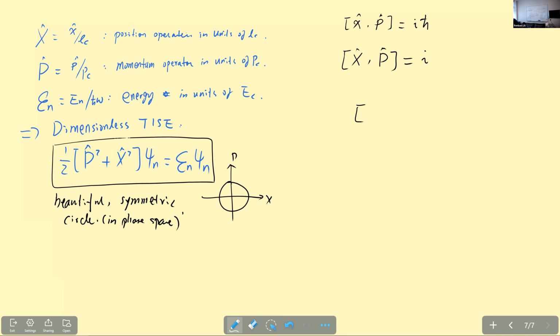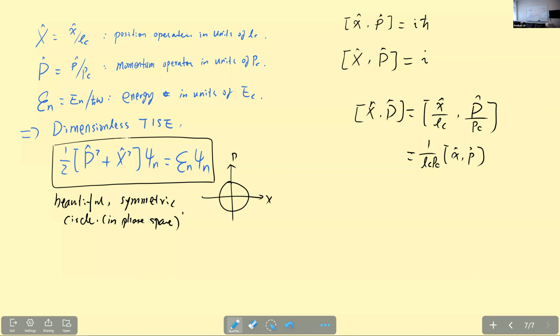Because x and p, just use the definition. That means this one equals 1 over LC times PC, times x and p, the physical position and the physical momentum, okay?